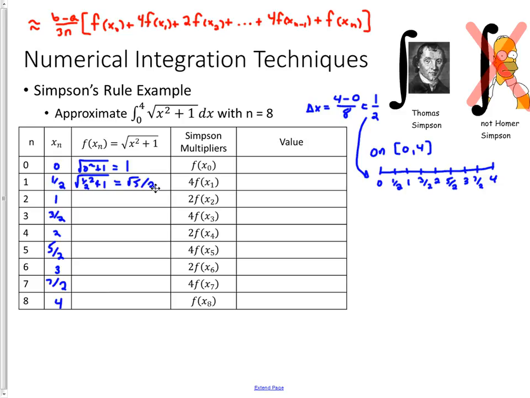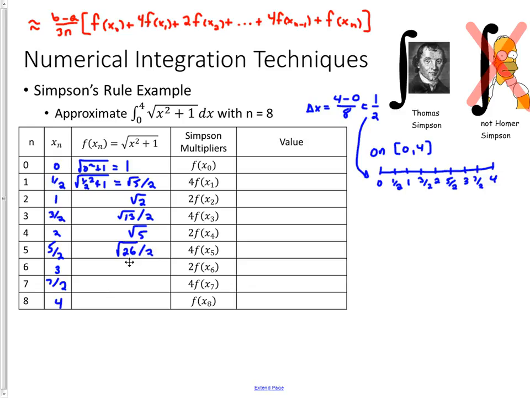And just working my way down the list, when x is equal to 1, of course, I get the square root of 2. When x is equal to 3 halves, I found the square root of 13 divided by 2. At 2, I found the square root of 5. At 5 halves, I found the square root of 26 divided by 2.